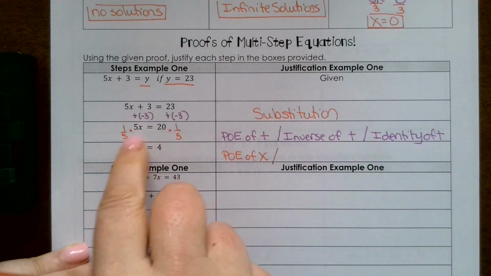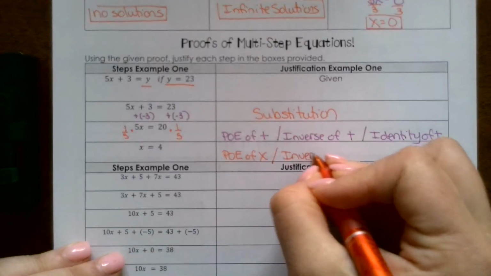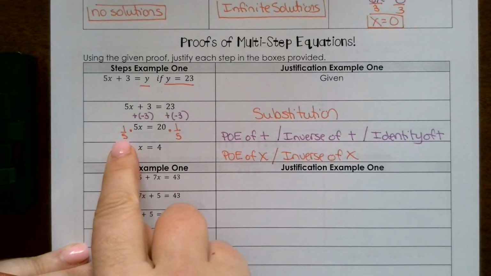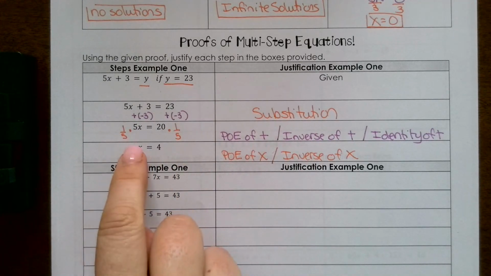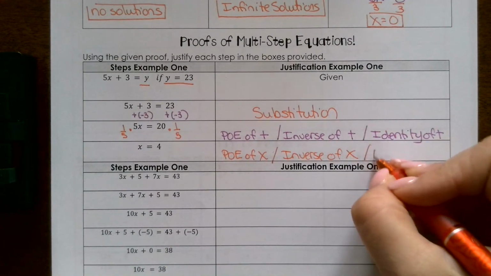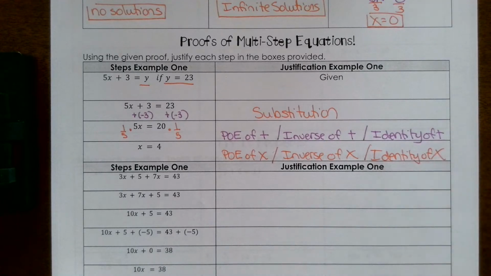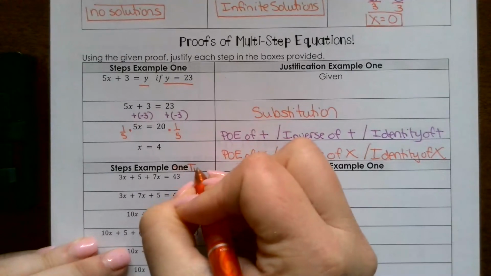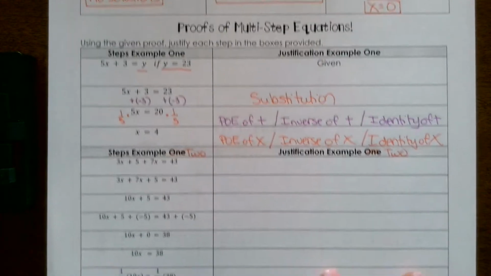I know that multiplying a 5 by its reciprocal is the inverse of multiplication. And I know that if the inverse results in 1, if I multiply any number by 1, I get the number. So this is the identity of multiplication. I feel like this is a little bit more apparent in here, and this should have been example 2. So let's take a look at example 2.